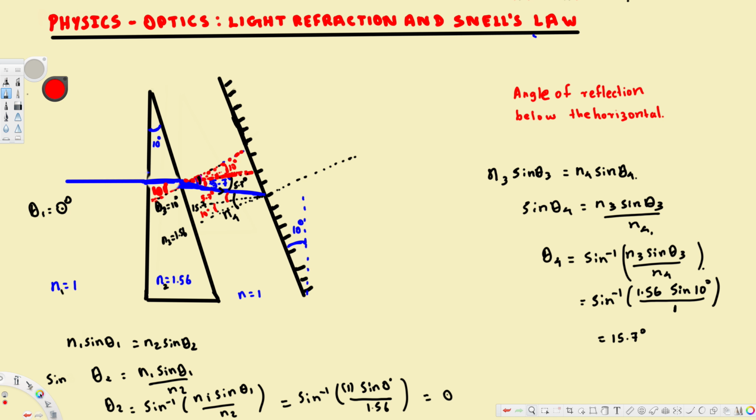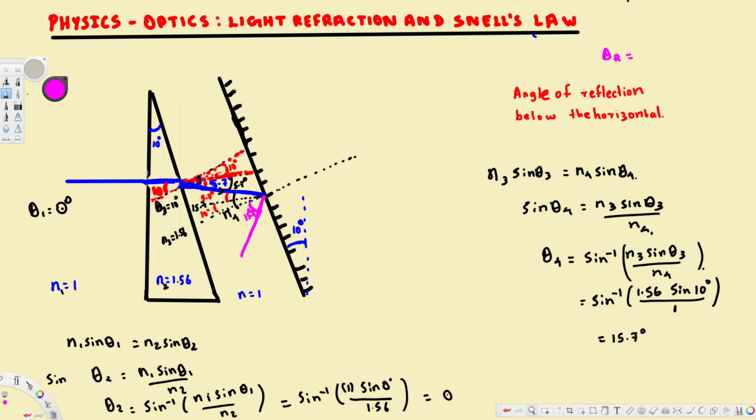So the angle of reflection and the angle of incidence are the same in the mirror. So when the light ray reflects, the angle that it's going to make with the normal is going to be 15.7 degree. But the question here is asking what is the angle of reflection below the horizontal. So this is our horizontal, and below the horizontal this is 10 degree. 10 plus 15.7, the total angle below that horizontal is going to be 25.7.